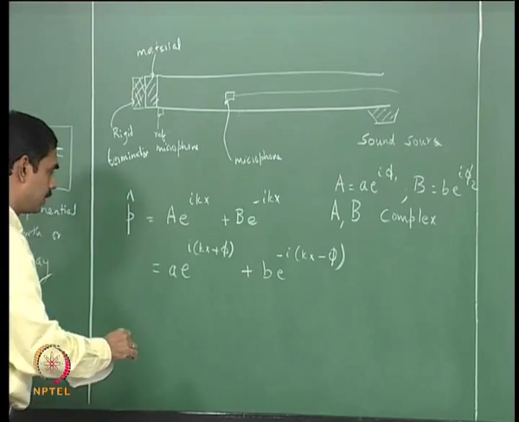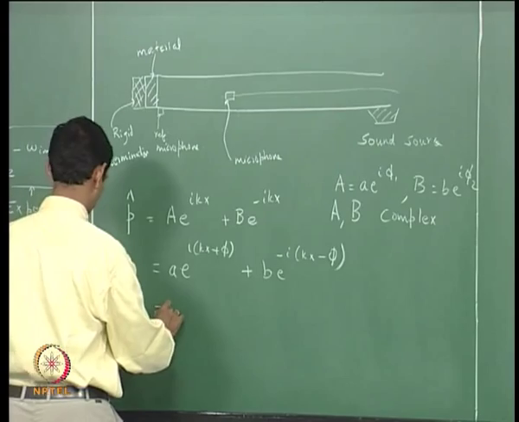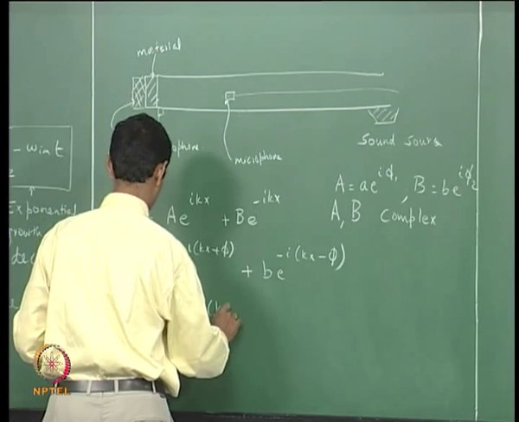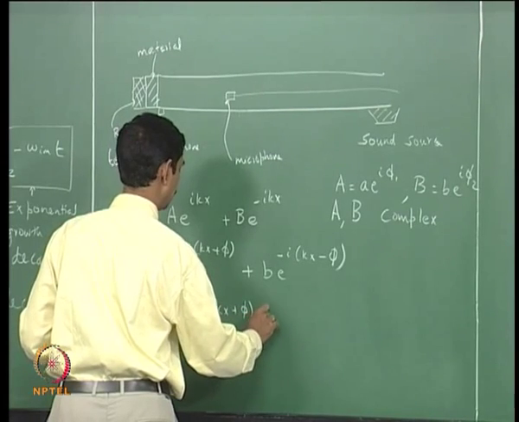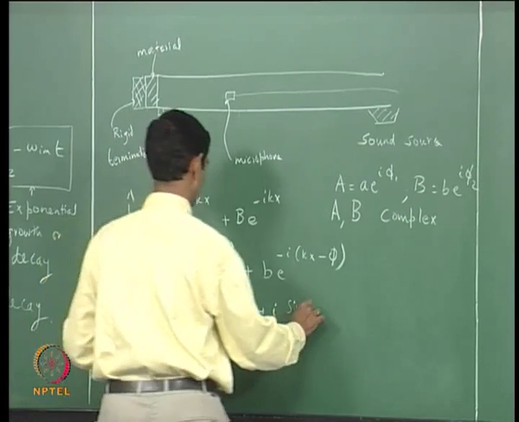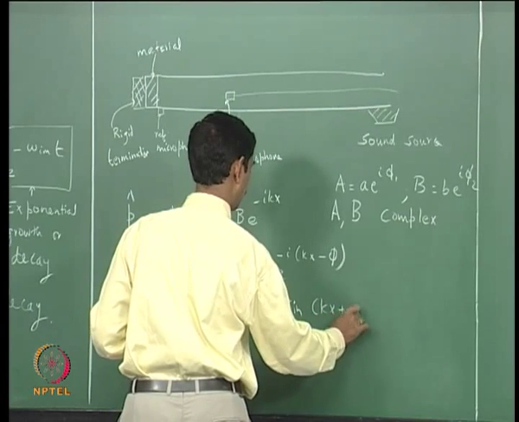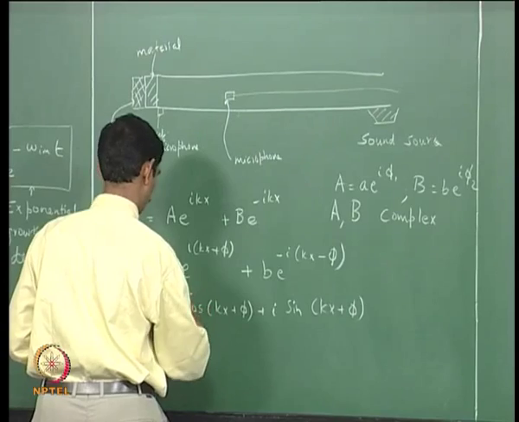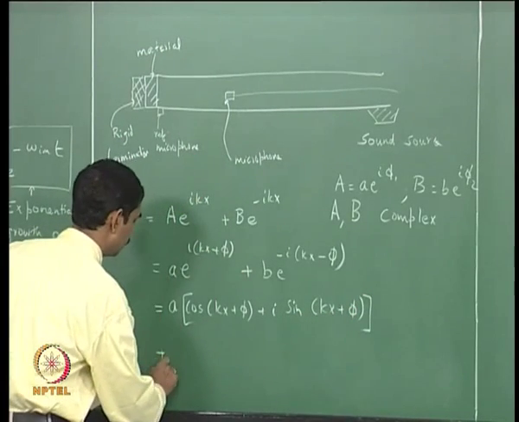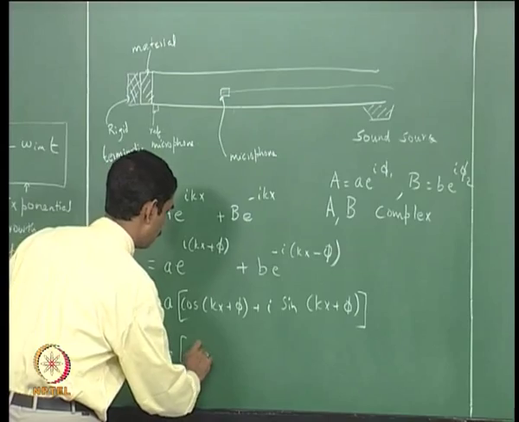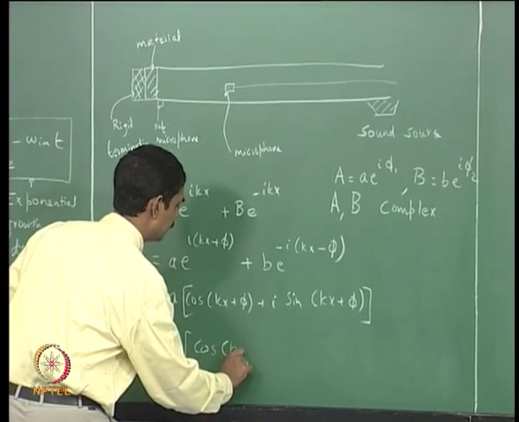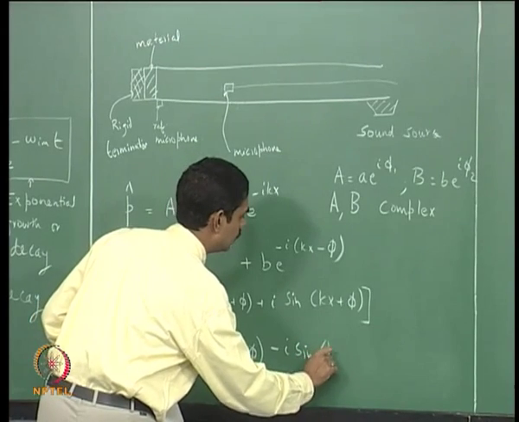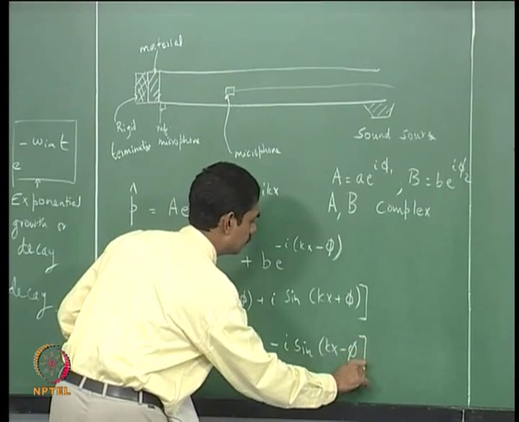Now we will go to trigonometry to do some algebra. This can be written as A cos(kx plus phi 1) plus i sin(kx plus phi 1), plus B into cos(kx minus phi 2) minus i sin(kx minus phi 2).